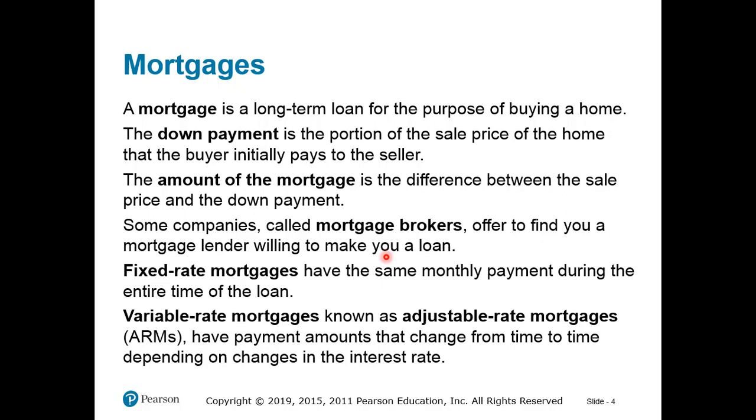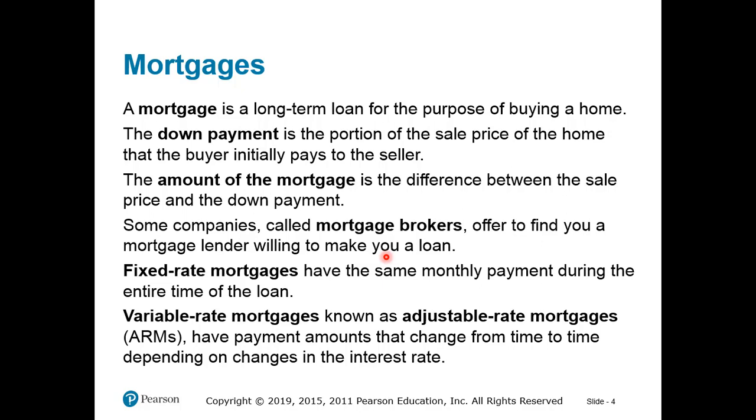Adjustable rate mortgages are very dangerous to get into. Usually people with bad or subpar credit are the ones who get a variable rate mortgage, because they can't get a fixed rate mortgage, which usually requires better credit.